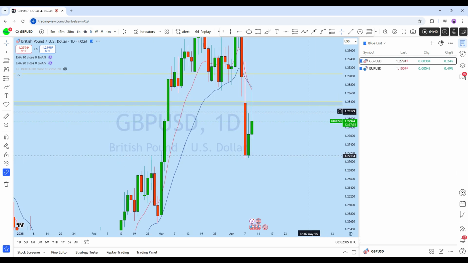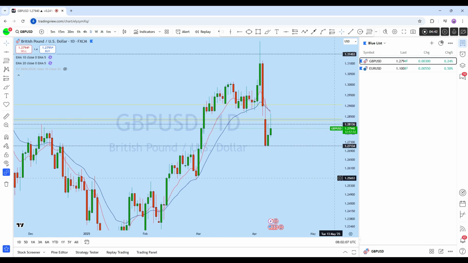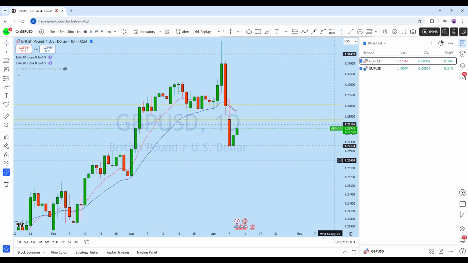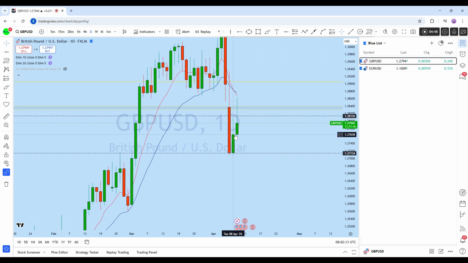Now, looking at the daily chart, there is a strong rejection from the daily high. The previous day we saw a narrow green candle. This day the market initially filled that gap. As you know, the market doesn't like to leave a gap, and the price bounced to that gap zone where the liquidity is getting some rejection.